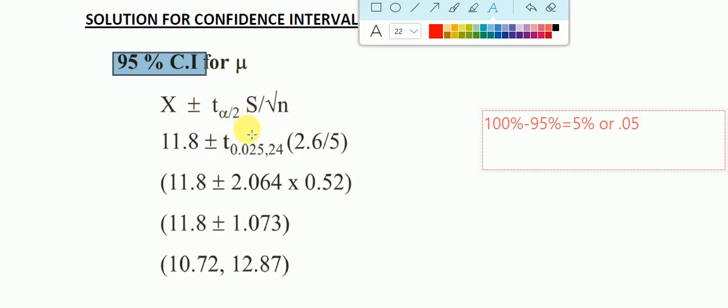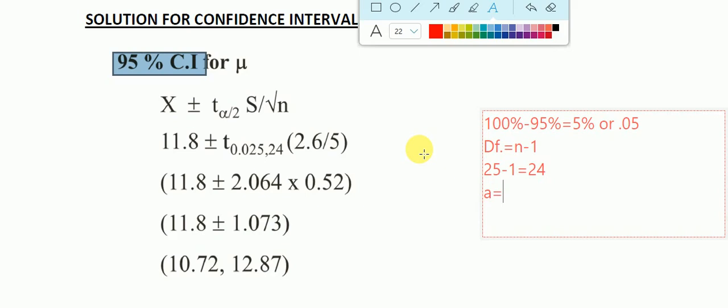So how will we do that? For calculating t alpha by 2, we need two things, as we have already discussed. We need degrees of freedom, which for single sample t-test we calculate using the formula n minus 1, and over here n is 25, so 25 minus 1 is equal to 24. And then the second thing we need is the value of alpha.